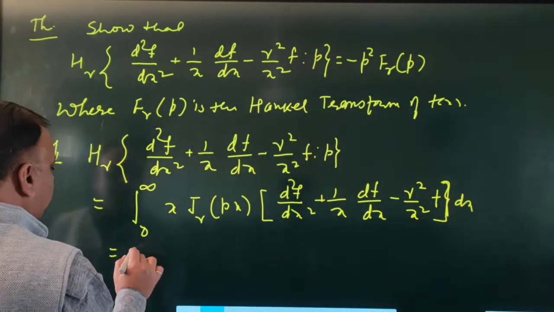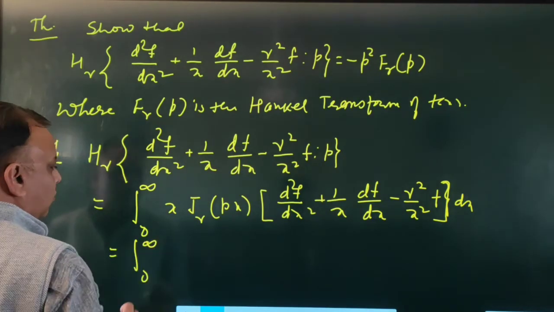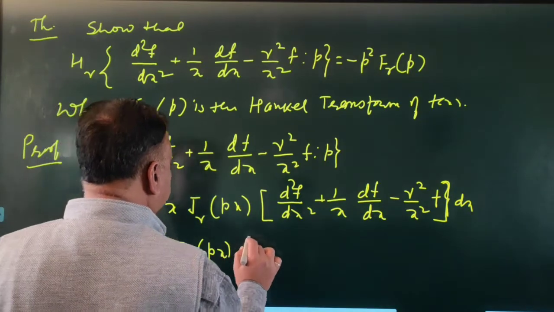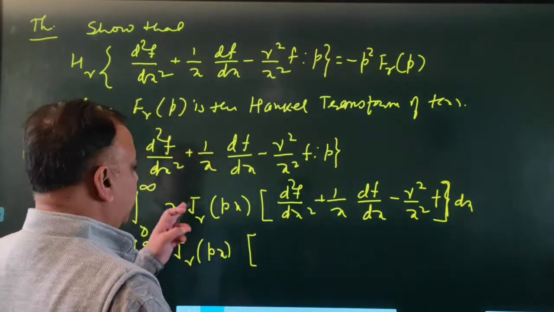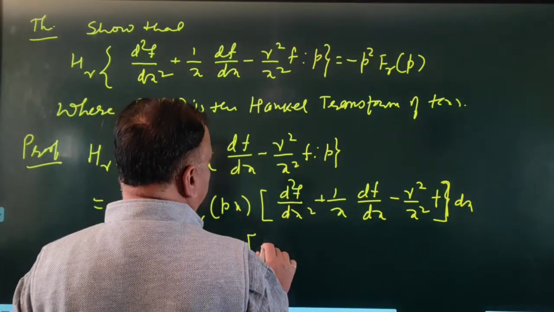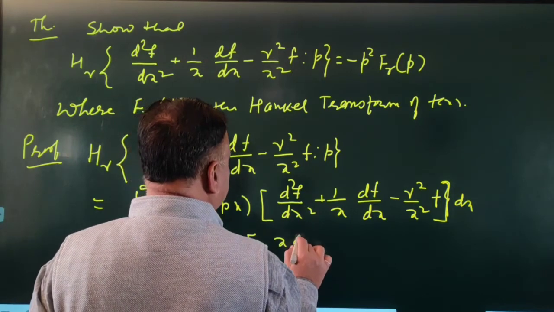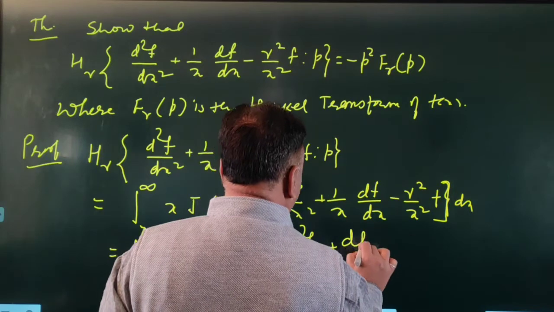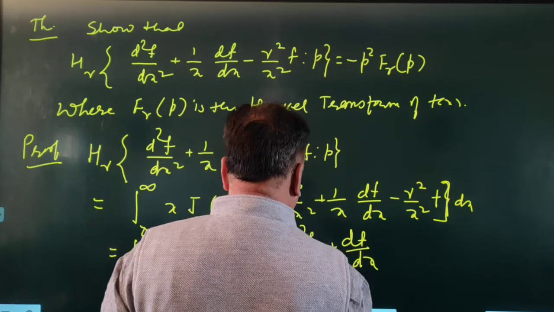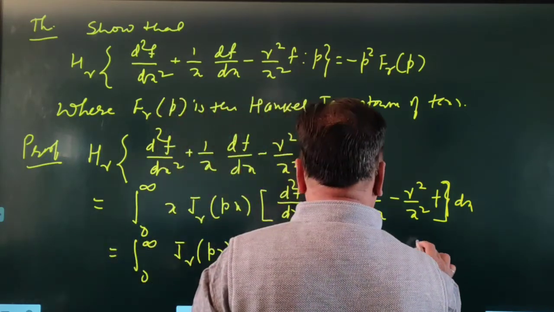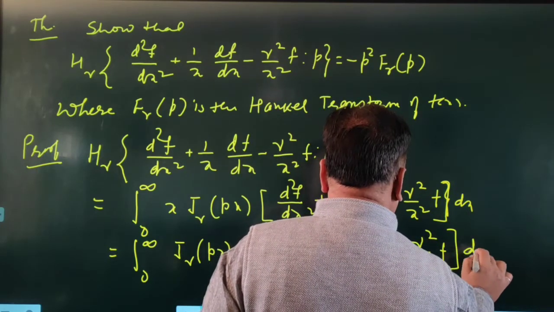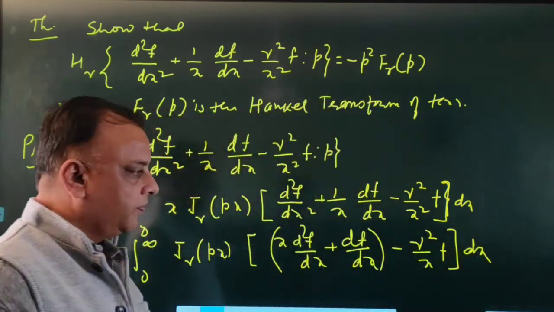Slightly solving this, we get the integral from 0 to infinity of J_nu(px), multiplying by x, we get x d²f/dx² plus df/dx minus (nu²/x) f, dx.